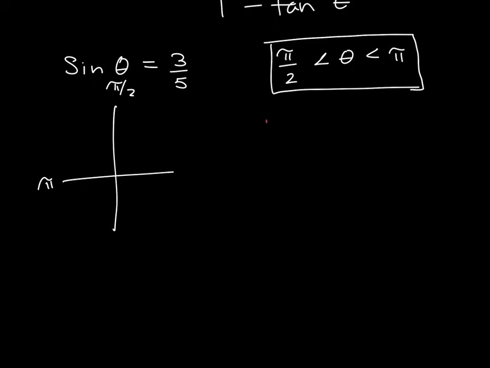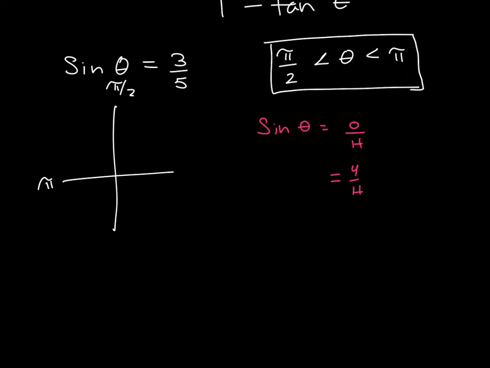Recall that the sine of any angle is equal to the opposite over the hypotenuse, and in this case, when you're having a ratio, that is going to be your y value over the hypotenuse of the triangle that we draw in.